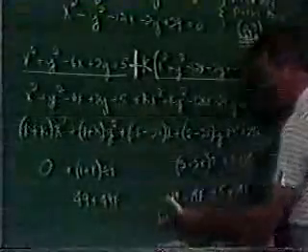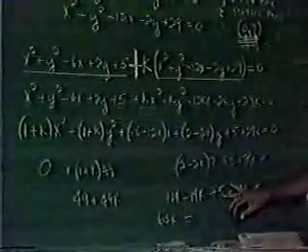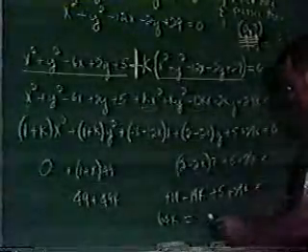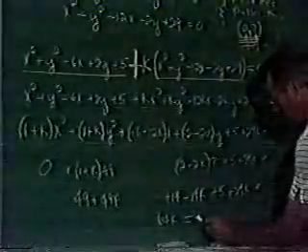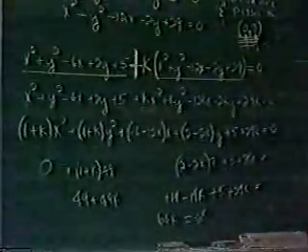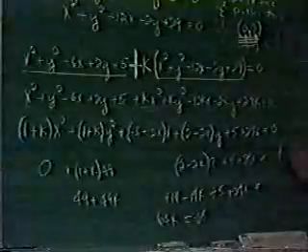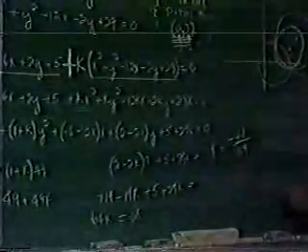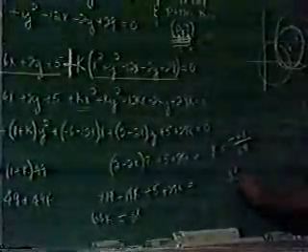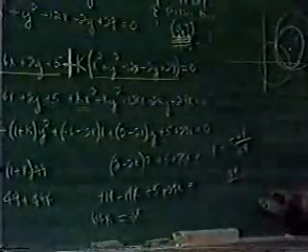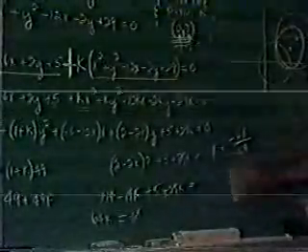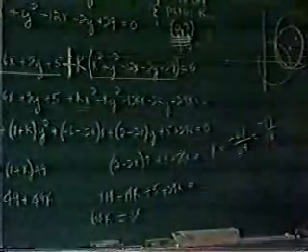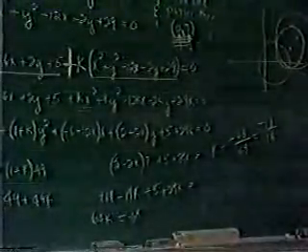Now we have 49 and 19, which would be 68. So this would be a minus 68. So k then is equal to minus 68 over 64, or 34, let's see, 17/16, wouldn't it? So K is minus 17/16.